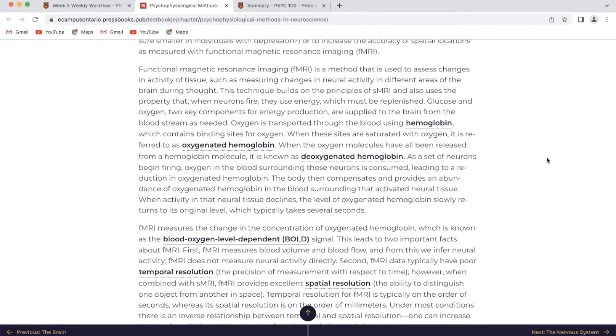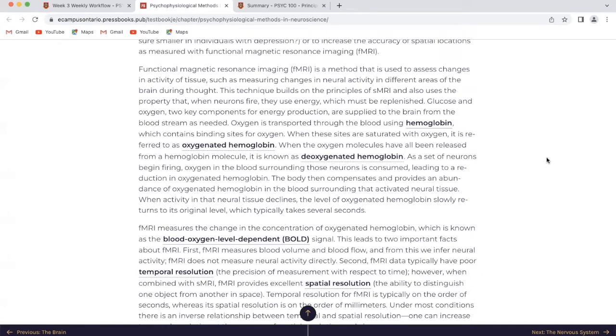fMRI is a method that is used to assess changes in activity of tissues, such as measuring changes in neural activity in different areas of the brain during thought. This technique builds on the principles of sMRI and also uses the property that when neurons fire, they use energy, which must be replenished. Glucose and oxygen, two key components for energy production, are supplied to the brain from the bloodstream as needed.